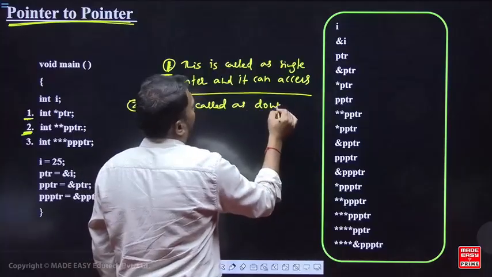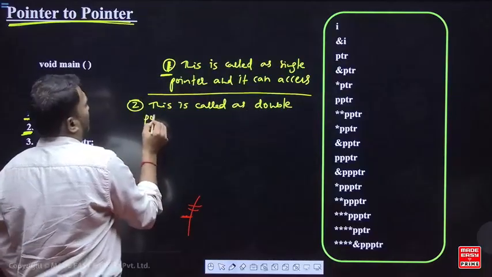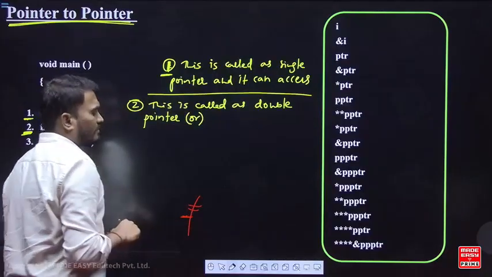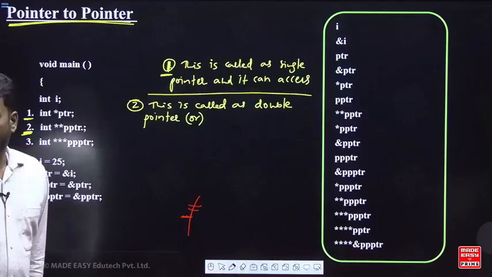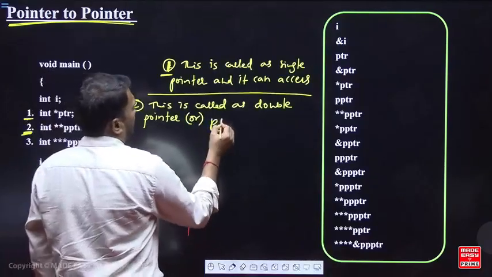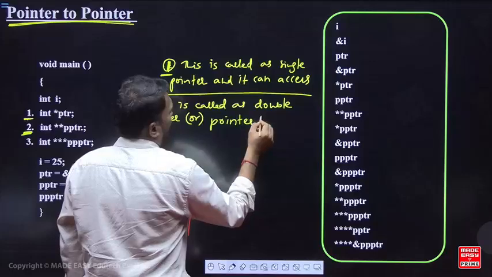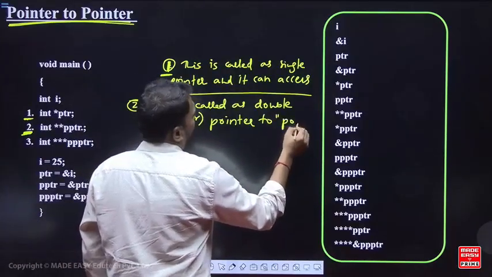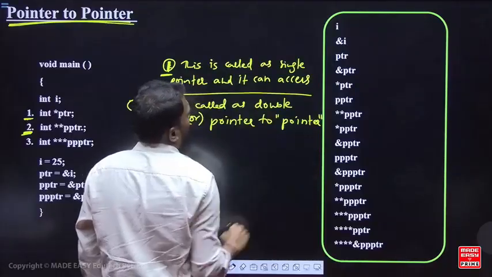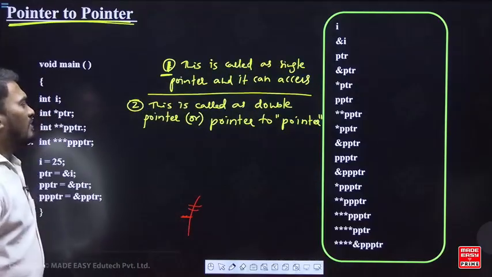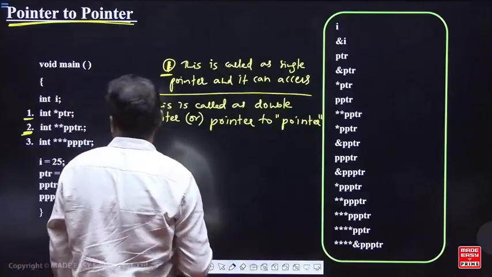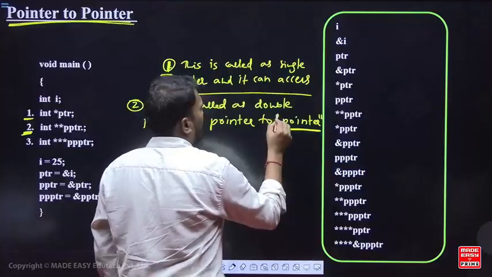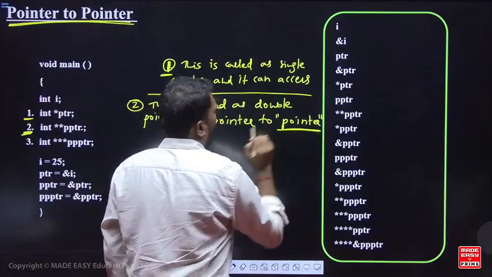a double pointer, or you can write, it is also called pointer to pointer. I am writing here, pointer to pointer. This is called as a double pointer or pointer to pointer. You write this number 2 and keep that in double quotes.